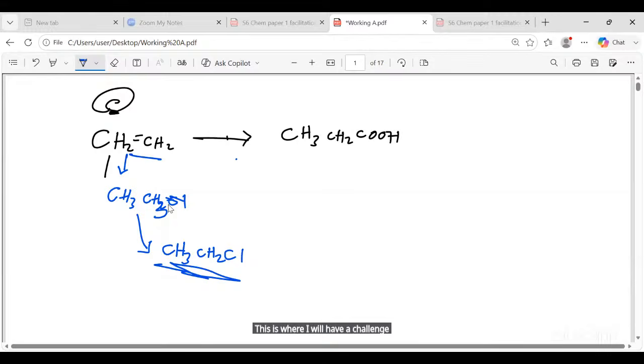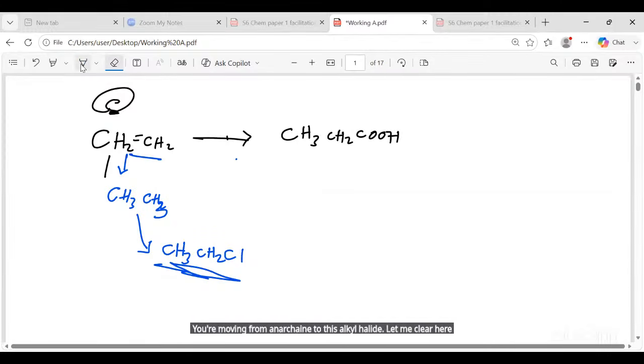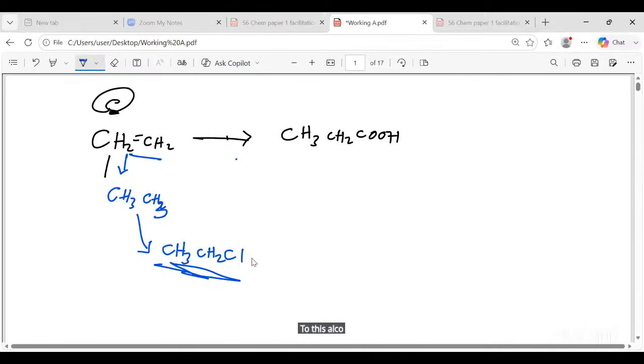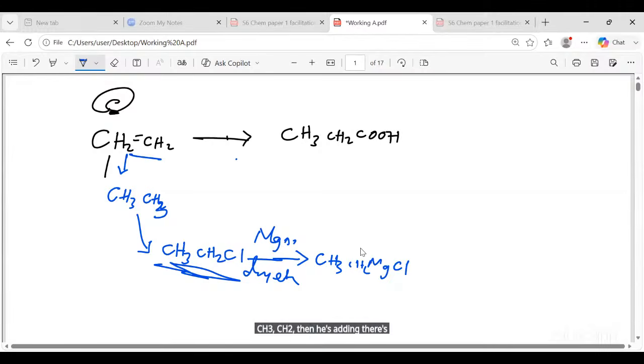You're moving from an alkane to this alkyl halide, and then from there, someone puts in a Grignard reagent, maybe dry ether, CH3CH2 with magnesium and chlorine, and it continues CH3CH2.